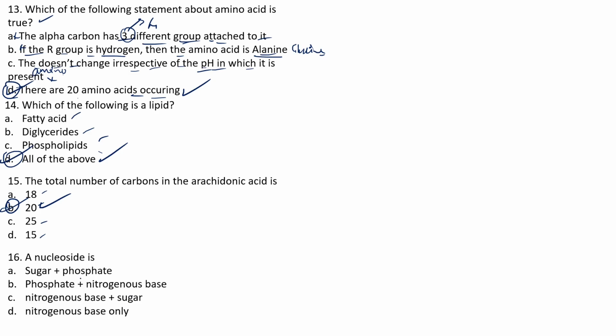A nucleoside is mainly made up of a sugar and a nitrogenous base, right? If you attach a phosphate molecule, it becomes a nucleotide. So hence C, a nitrogenous base plus a sugar, will make the nucleoside. So C is going to be our right answer.